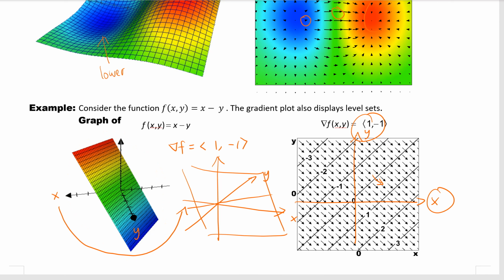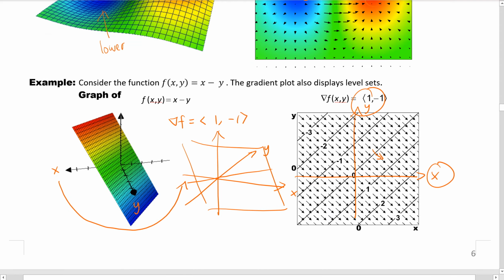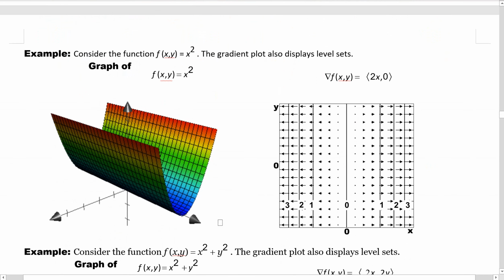Anyway, I want to explain that in this case, gradients also point to the direction where f increases. And you can see here the length of the gradient at different points is the same. That is because this is a plane. f increases with the same speed at any point on the plane. So that's why we have a constant vector field on the xy plane for the gradient. Next, let's continue. So consider the function x squared.